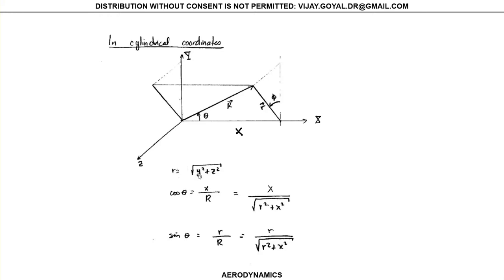And then r is equal to the square root of y squared plus z squared. Your small r here, you can take this is z, and this is y. So it's y squared plus z squared, the square root of that will give you r. Okay?